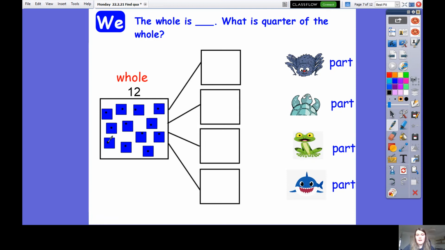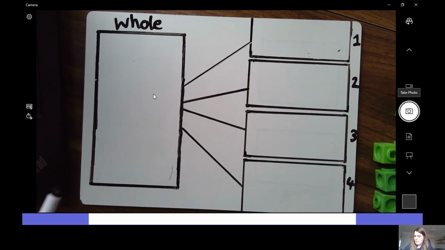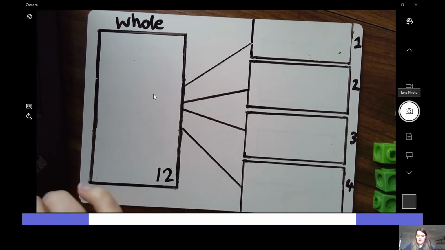Fantastic. Now I need to have a go getting that on my part whole model. Okay, so you're going to watch me this time. Not using your part whole model, you're going to do it on my one. So watching me, helping me. I need to find 12. My whole is 12. So how many cubes am I going to get? 12.